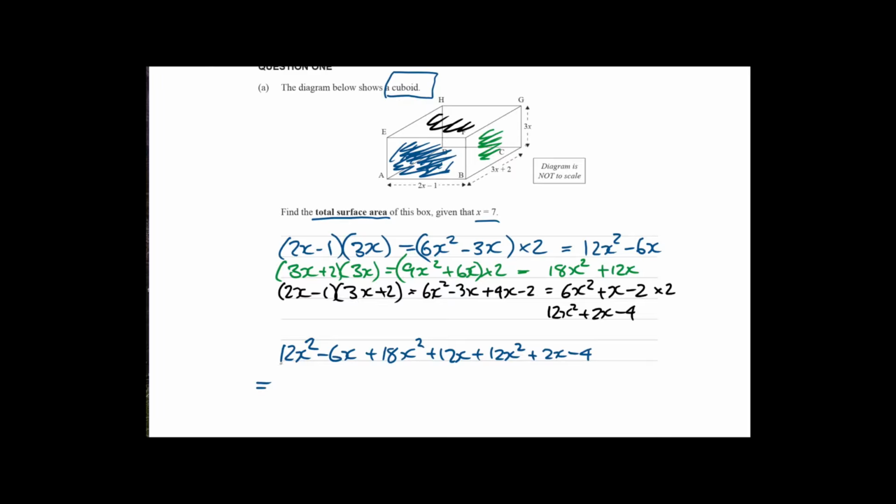We've got 12x squared plus 18x squared plus 12x squared, so that's going to be 42x squared. So those are the x squareds done.